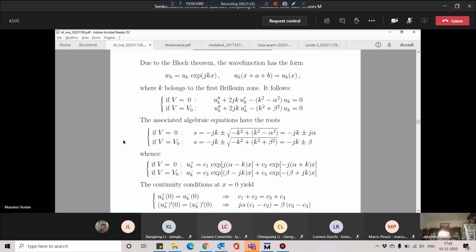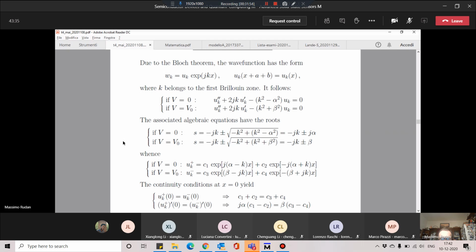Then you remember the solutions of the differential equations are obtained by taking the exponentials involving these roots, and considering linear combinations of these exponentials with undetermined coefficients.